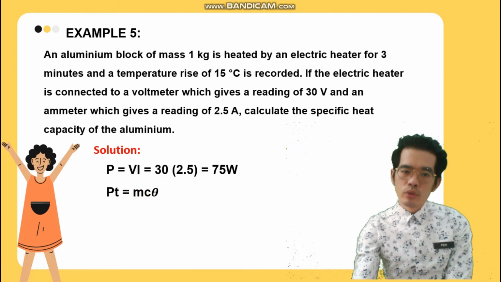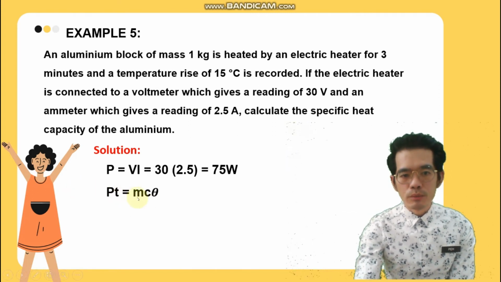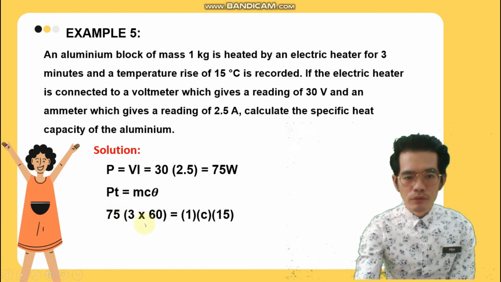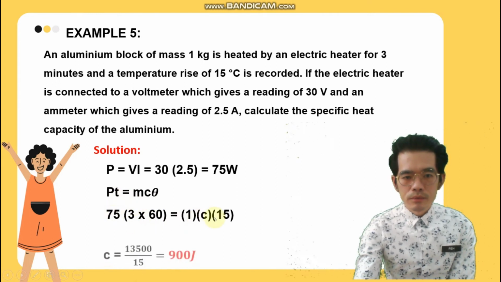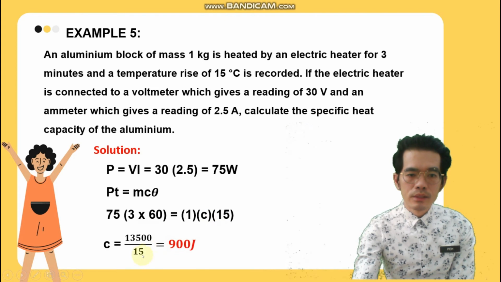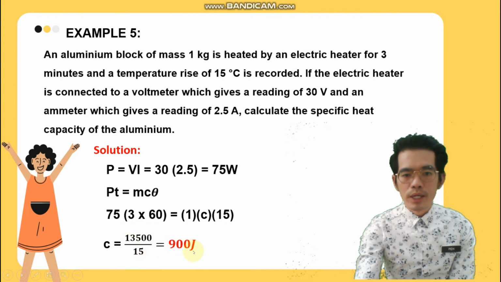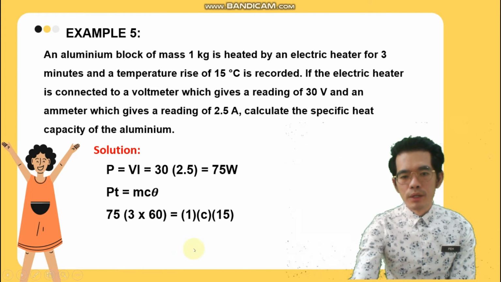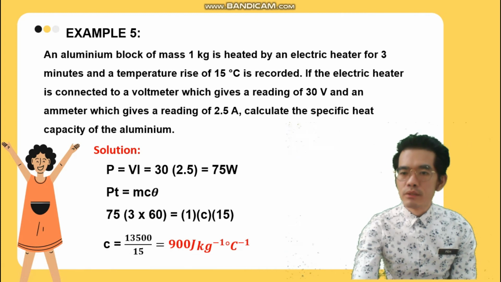You have two choices: you can substitute or you can rearrange, to become C equal PT over m theta. Here we substitute the value first, then rearrange the formula. We get C is 900 joule per kg per degree Celsius.